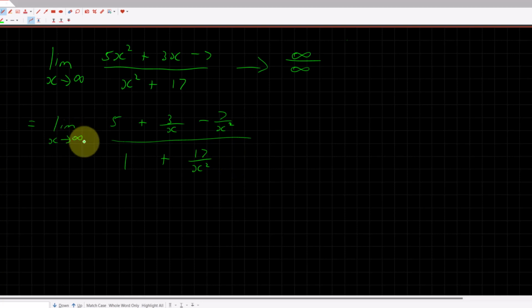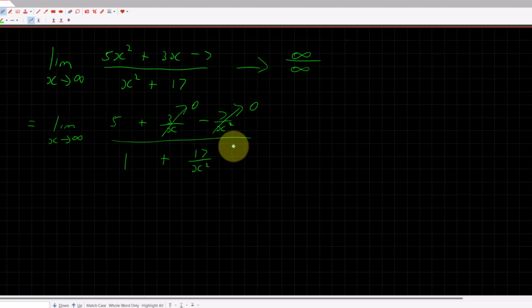So now let's try putting infinity in wherever x is. So we have x here on the bottom line, so 3 divided by infinity, that will give us 0. 7 divided by infinity squared, that will give us 0, because we have a very large number in the denominator of a fraction.